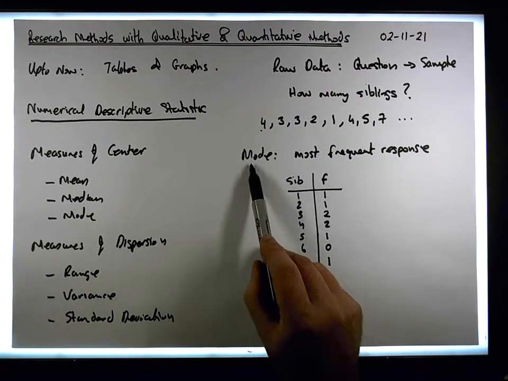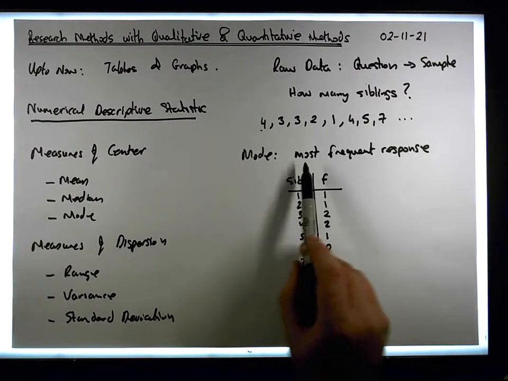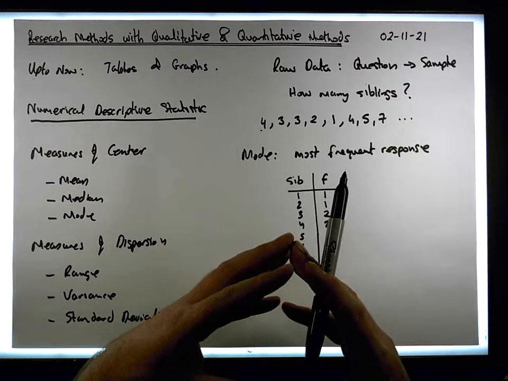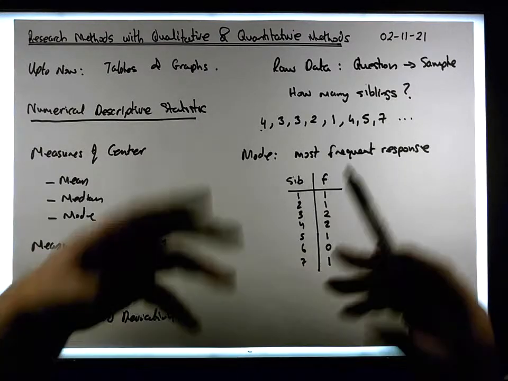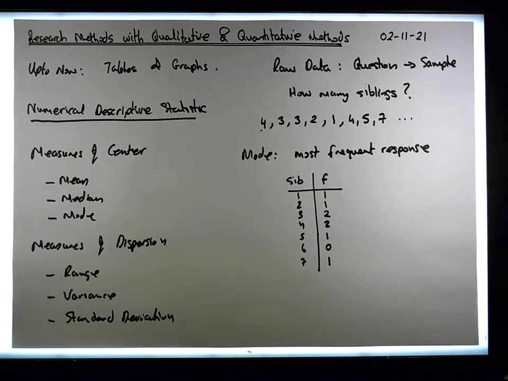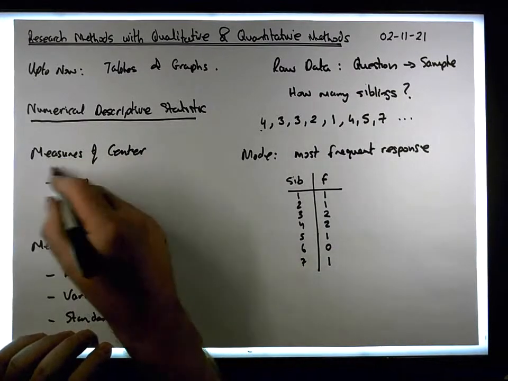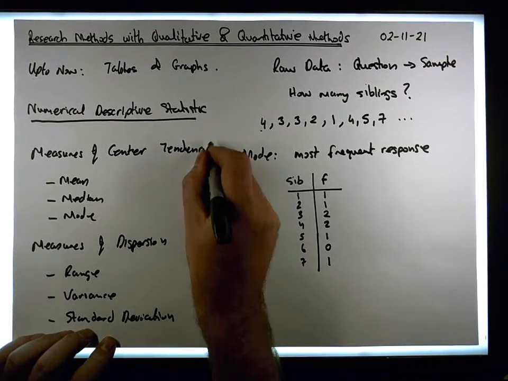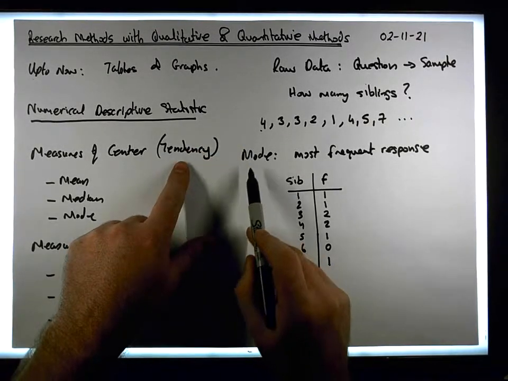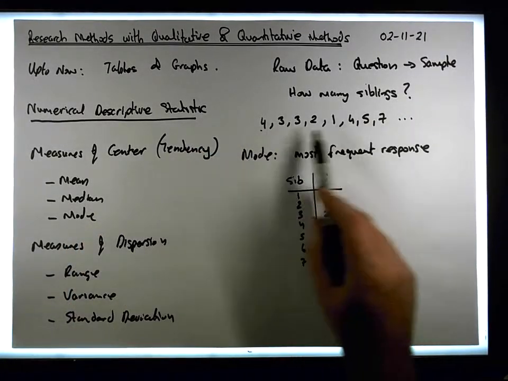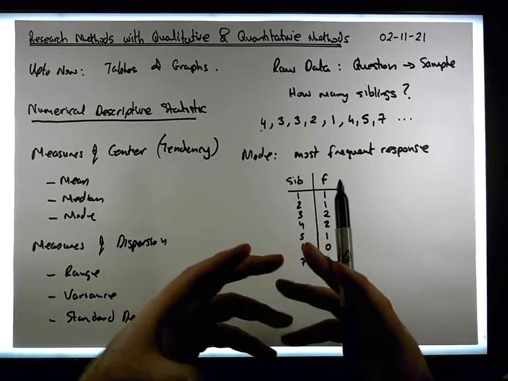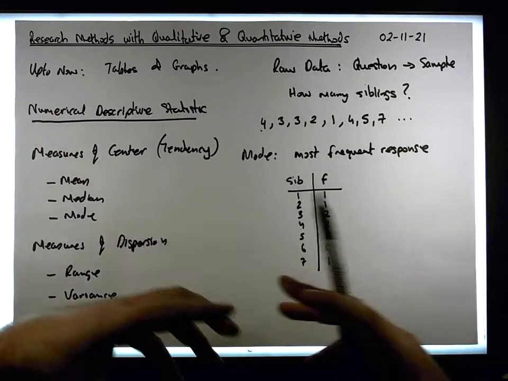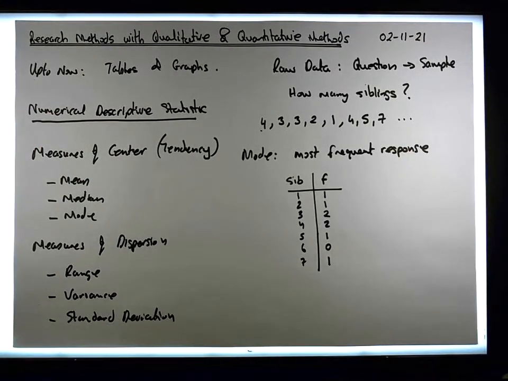So the modal response, the mode, is this tendency of people to respond with the same value, if that makes sense. These are called measures of central tendency, a tendency with respect to the most frequent. If you think about the most frequent as an attraction, that number is attracting people to give that particular response.